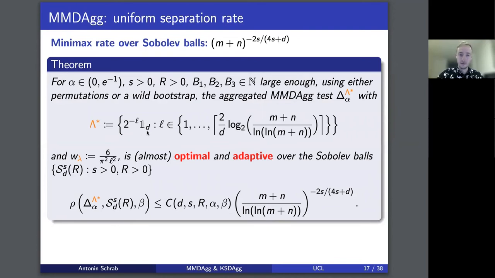And then we multiply this by some negative power of 2, where the l is between 1 and this number that depends on m, n, the sample sizes, and on the dimension d, but crucially, this number does not depend on s. So this is computable.